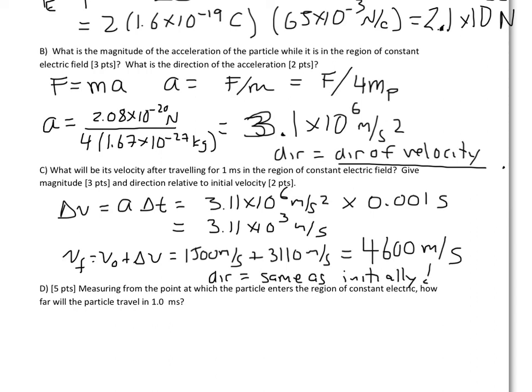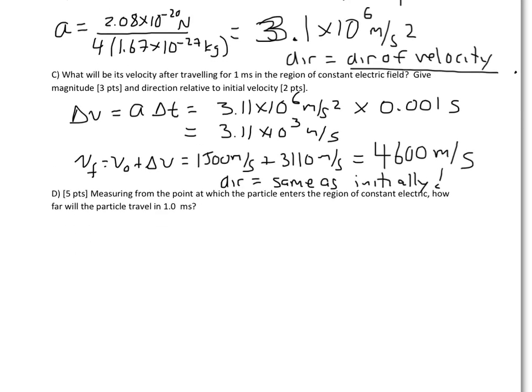Okay. The last part here is measuring from the point at which the particle enters the region of constant electric field. How far will the particle travel in 1 millisecond? Okay. There are multiple ways to solve this problem, including applying equations.